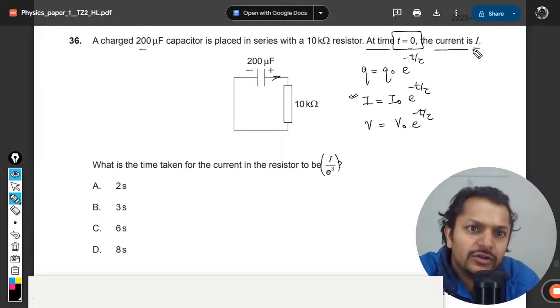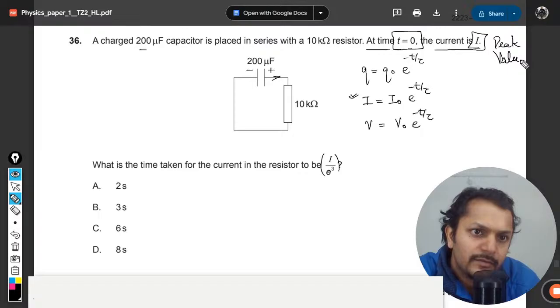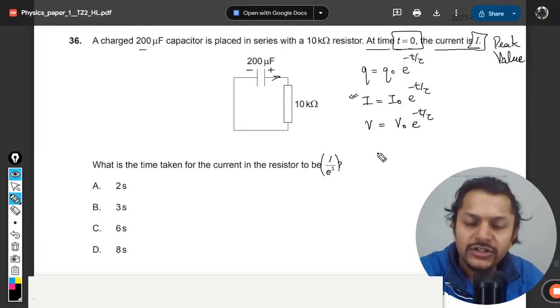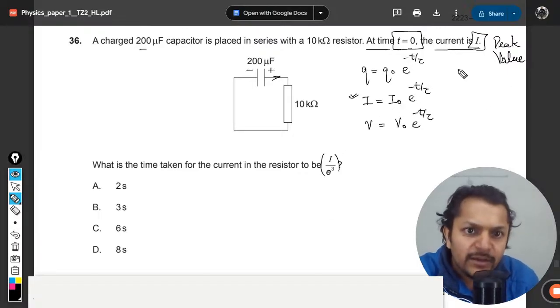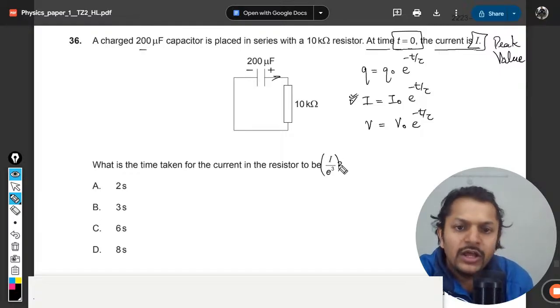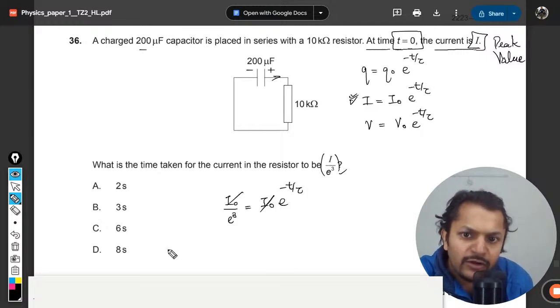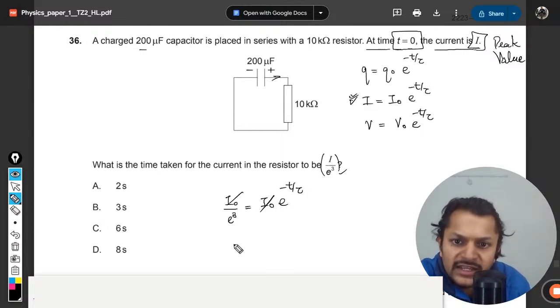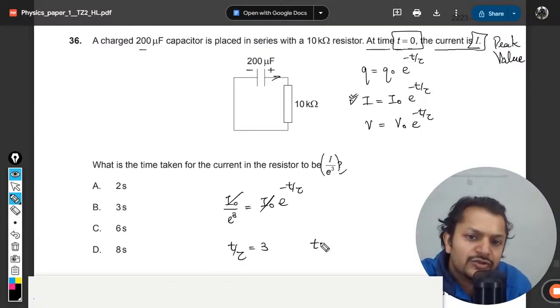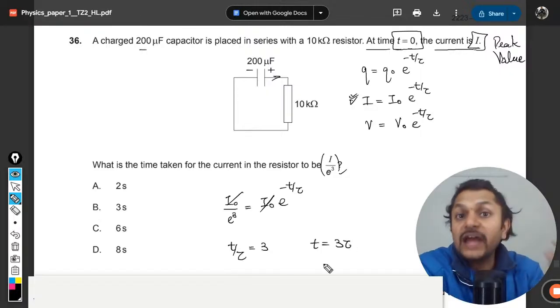So at t is equal to 0, the current is I. It means that I is the peak value, which I have taken as I naught. Let me substitute this value here. It means that the peak value divided by e cube should be the new current, and this is I naught e raised to power negative t by tau. Peak value and peak value get cancelled out. Clearly, t by tau will be equal to 3, and so the time taken will be 3 times the time constant.